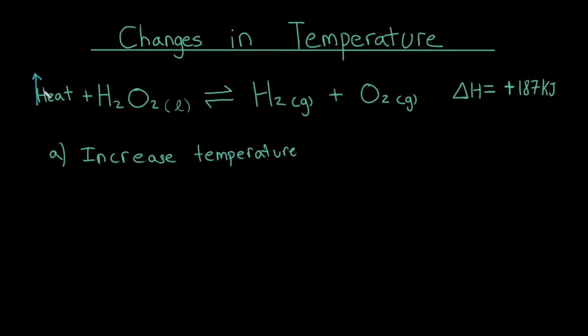Okay, so then what the system does is it decreases the heat to compensate for that initial increase, because it wants to maintain equilibrium. So it decreases the heat in the reactants, and it increases the products. So we can say that the equilibrium shifted to the right.